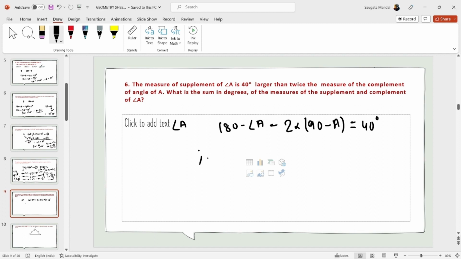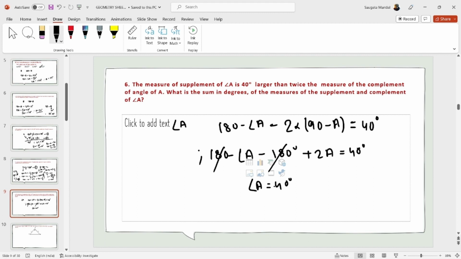Now solve the equation. 180 degree minus A minus 180 degree plus 2A is equal to 40 degree. 180 degree cancel out. Angle A is equal to 40 degree. Then what is the question?